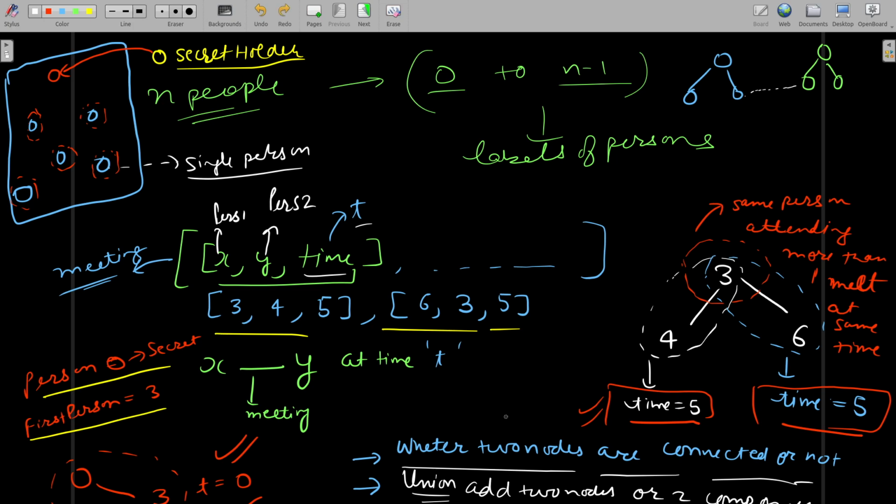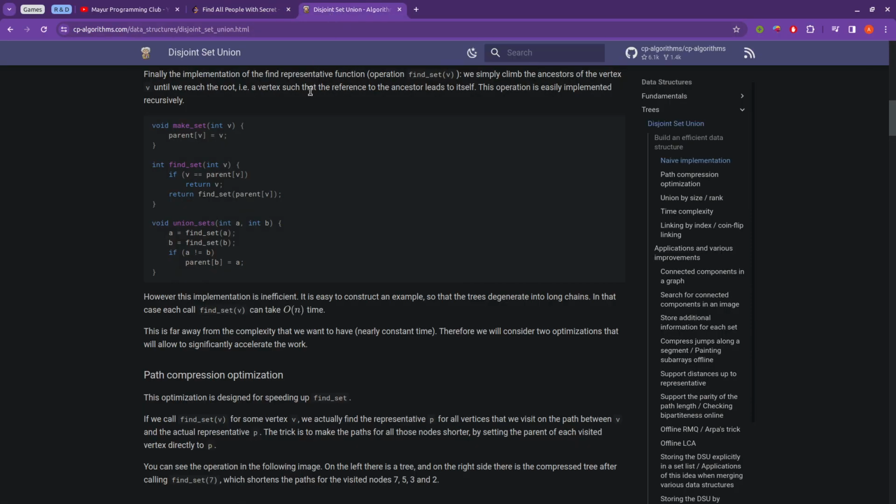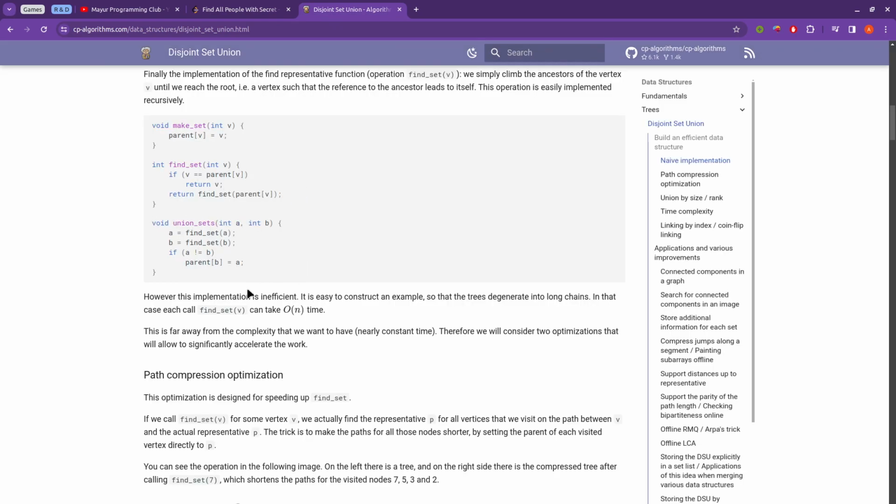Okay, so in that case these two can be connected. It's a little difficult for me to make you understand how disjoint set union will be working entirely if you do not have prior knowledge. That's why you should definitely go to this article and read about what disjoint set union is and how it helps us.